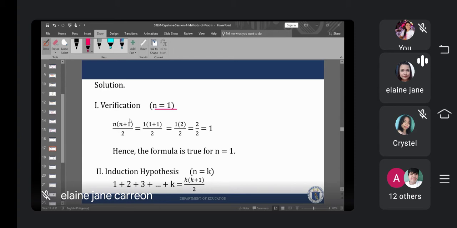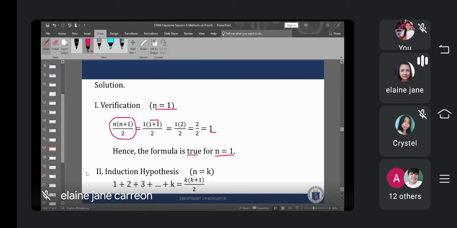So, this is our original formula. N times the quantity n plus 1 over 2 equals, so lahat ng n, papalitan natin ng 1. 1 times the quantity 1 plus 1 over 2 equals, 1 plus 1 is 2. And then 1 times 2 is 2 over 2. 2 over 2 is 1. Therefore, the formula is true for n equals 1. So, okay na yung first stage natin.